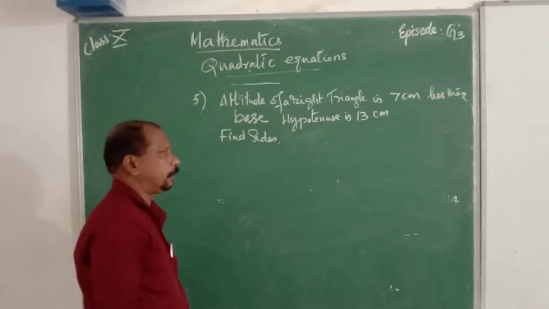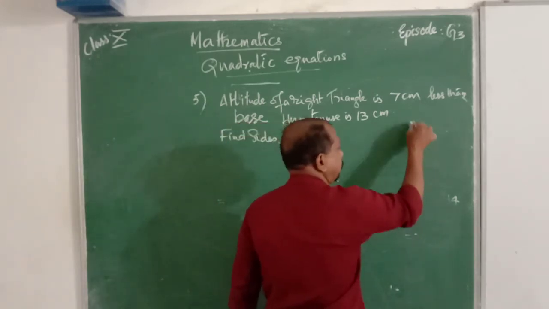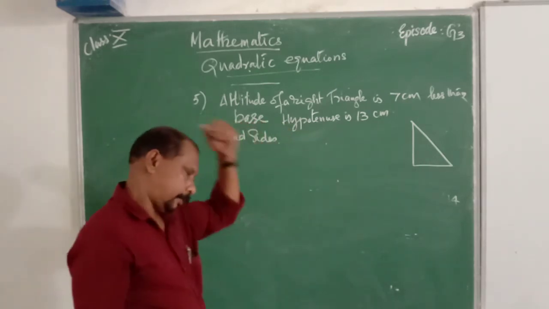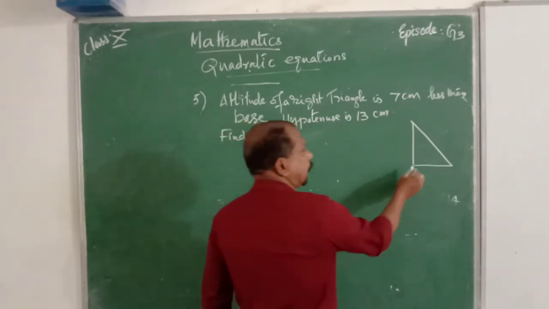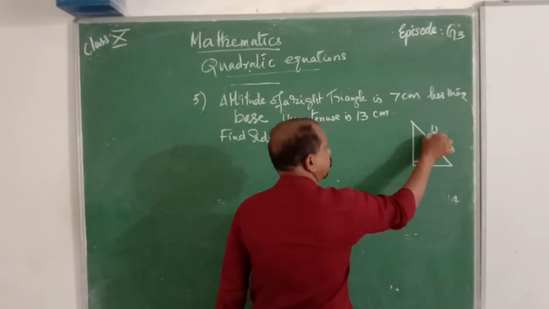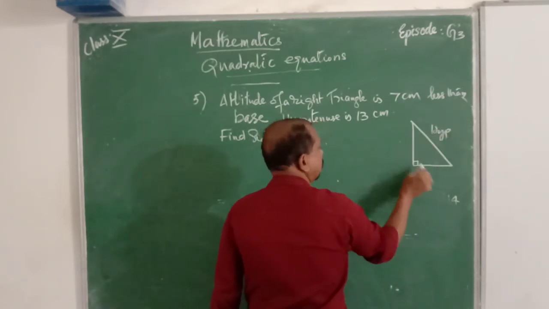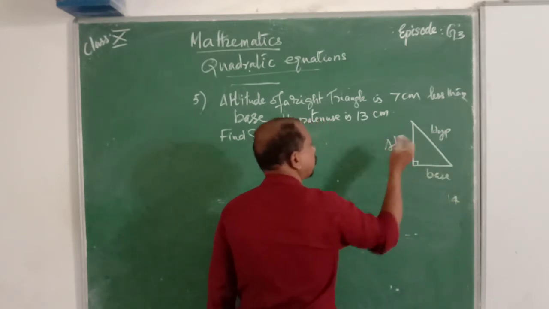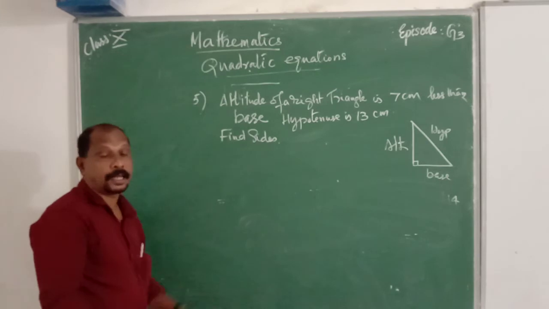This is the question. We know that a right triangle is a triangle with one angle of 90 degree. That is a right triangle. This angle is 90 degree. This is the hypotenuse, the base, the altitude. Then what is the Pythagorean relation?